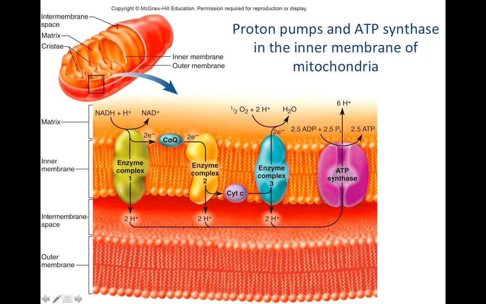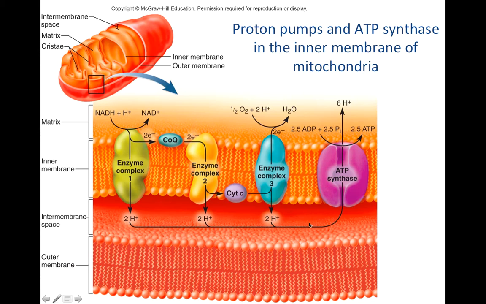Here's an enzyme called ATP synthase. It is going to synthesize or create ATP. So you see over here we have ADP, that's adenosine diphosphate, and you also have inorganic phosphate groups. You can put these two together and make ATP, if you have energy.